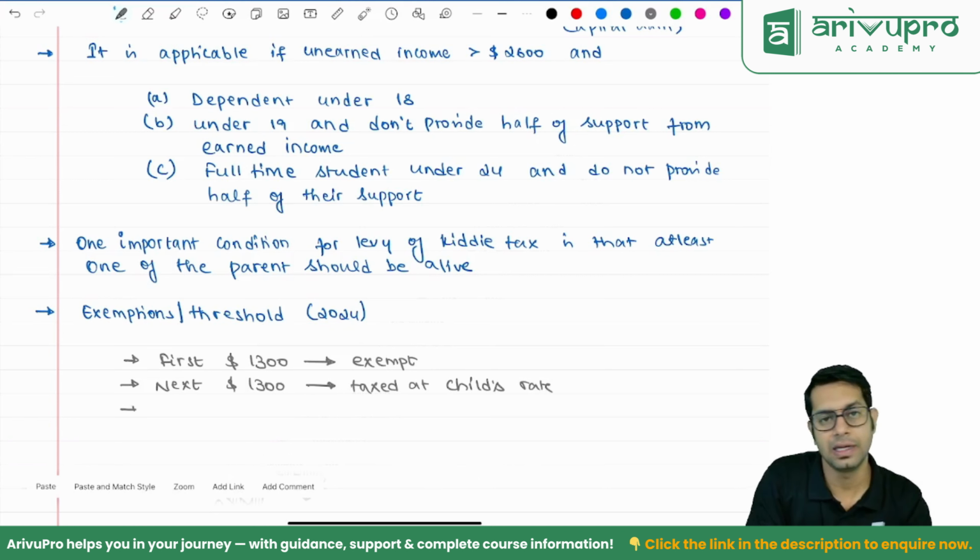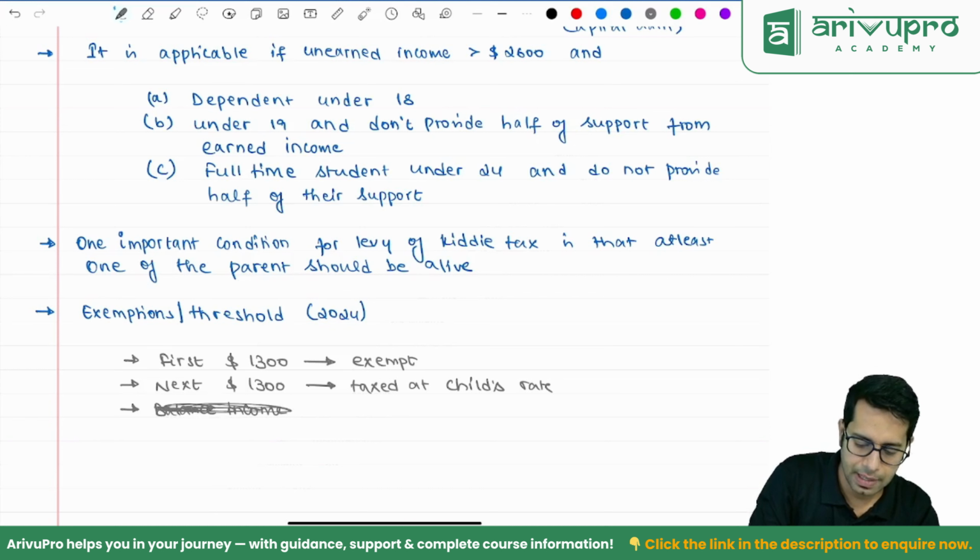And the balance income which he has, more than $2,600, is taxed at the parents' marginal rate.